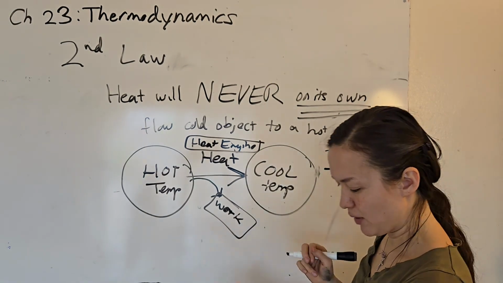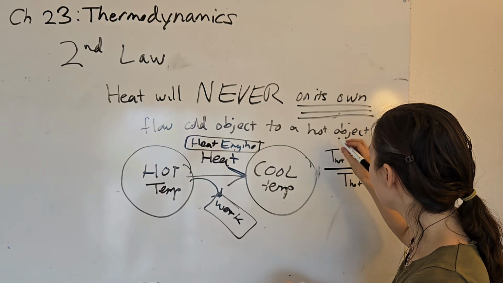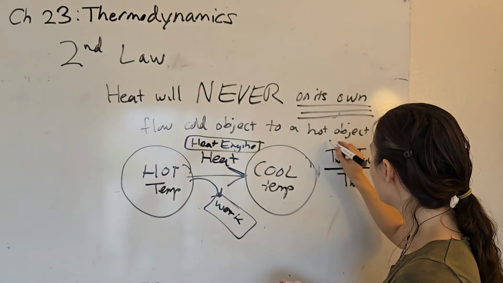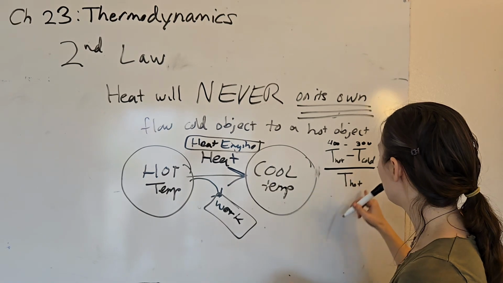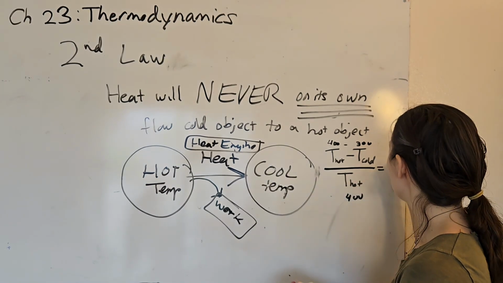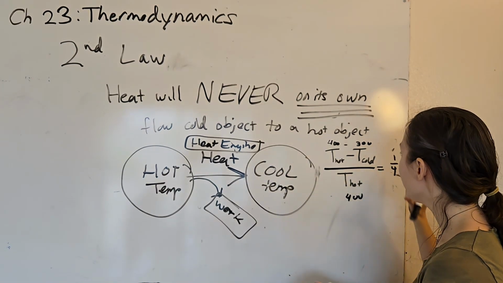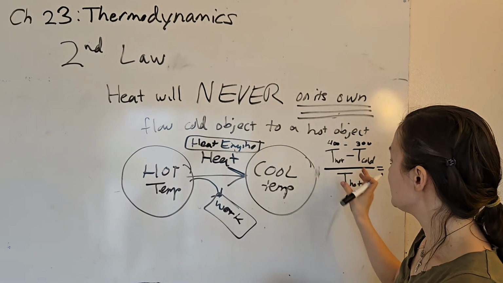They give an example in the book. If your hot reservoir is 400 Kelvin, your cold reservoir is 300 Kelvin, so you've got 400 minus 300, and your hot reservoir, again, is 400 Kelvin. You're getting 1/4, so you're getting 25% efficiency.